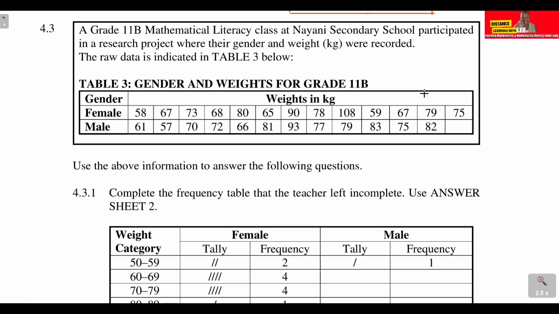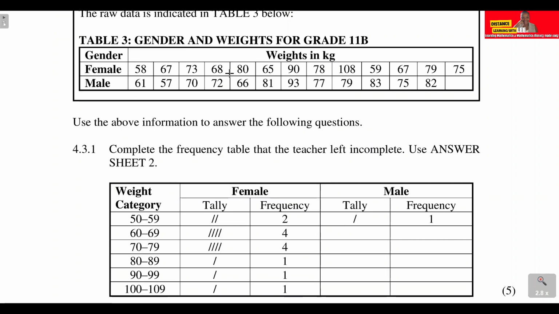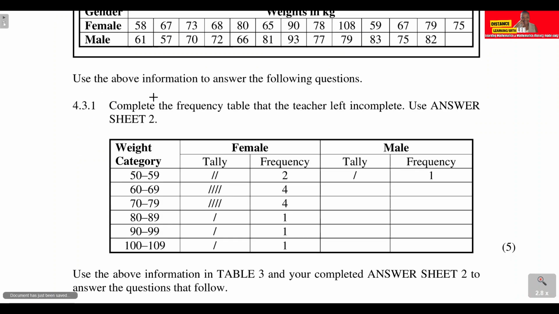We're given this table here, and this table represents the gender and weight for the grade 11B learners. The first column represents your gender, and in the second column we are shown the weights in kilograms. Use the table information to answer the following questions.